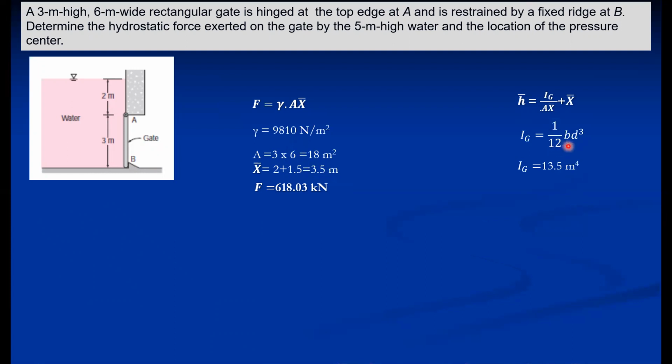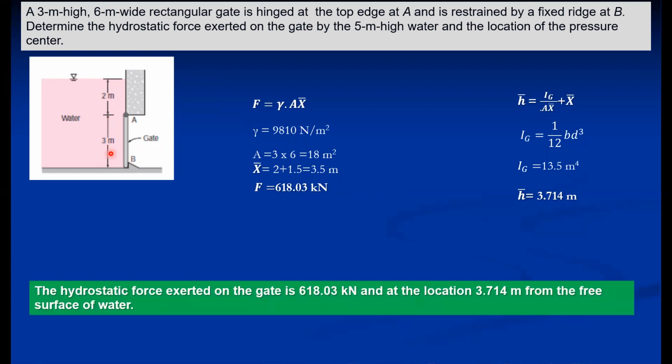So it is 1 by 12, 6 into 3 cube, which comes around 13.5 meter raised to 4. So h bar, the point of application of this force, is 3.714 meter from the free liquid surface. So the hydrostatic force exerted on the gate is this, and its location is 3.714 meter from the free liquid surface.